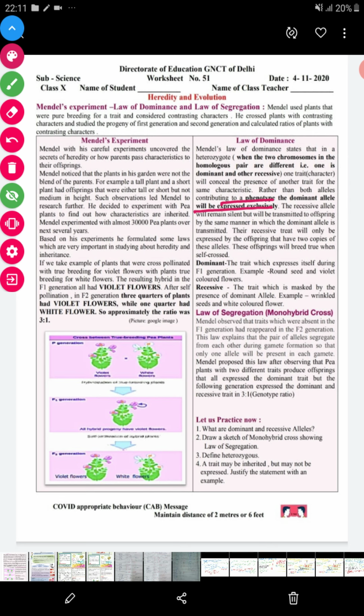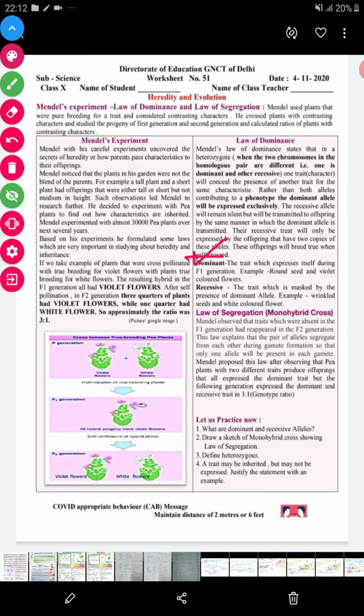The recessive allele will remain silent, but it will be transmitted to the offspring in the same manner in which the dominant allele is transmitted, and the recessive trait will only be expressed by the offspring that have two copies of these alleles. As I told you, this is the same homozygous case, okay. These offspring will breed true when they are self crossed.